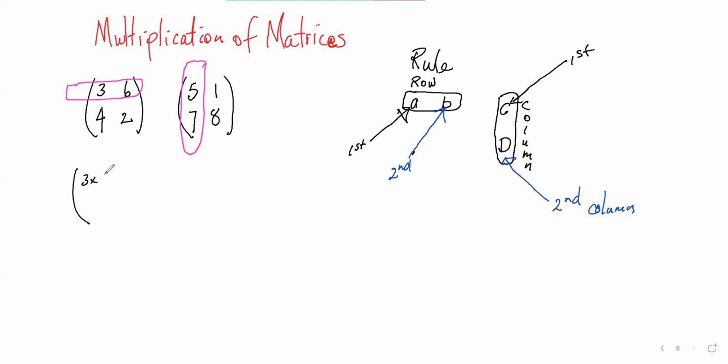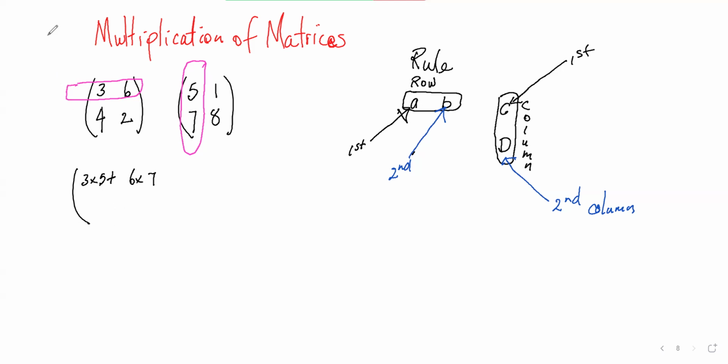So it will be 3 times 5, plus I'm going to add 6 times 7. 42. Anybody lost? That's easy. So 3 times 5 plus 6 times 7.